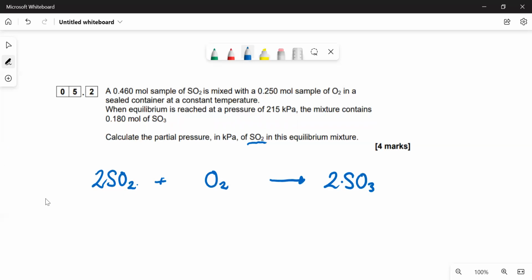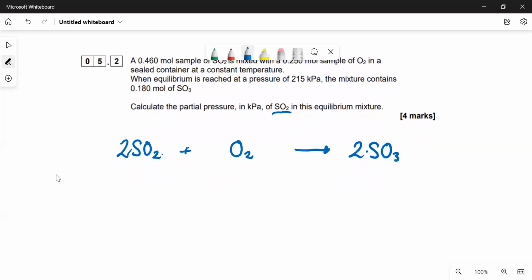And I usually write down start moles, used up moles, and finally equilibrium moles.